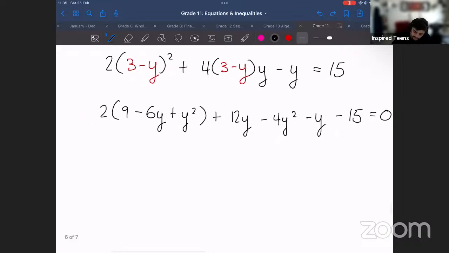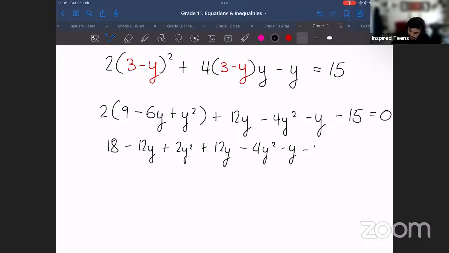Let's take this 2 inside. I'm going to get 18 minus 12y plus 2y squared plus 12y minus 4y squared minus y minus 15 is equal to 0. Let us highlight. Of course, 18 and negative 15 are like terms because they're both constants.